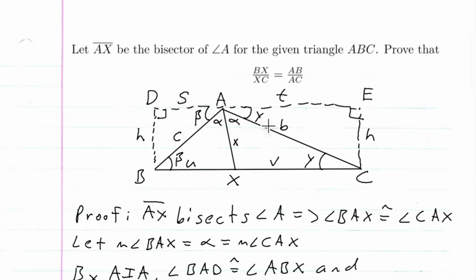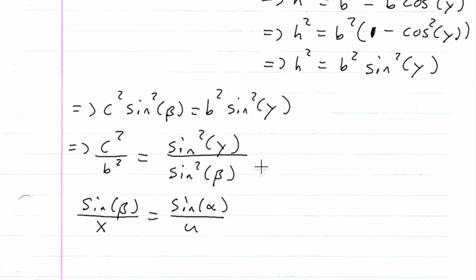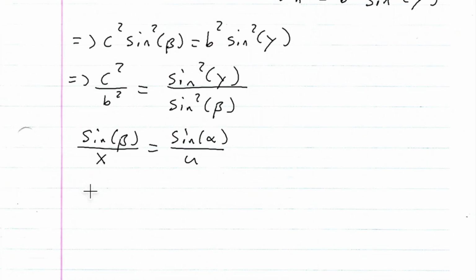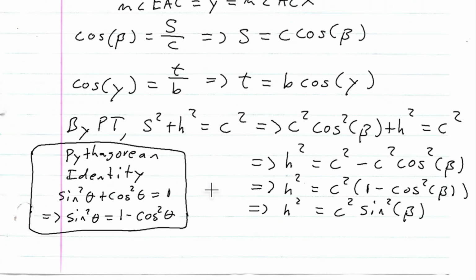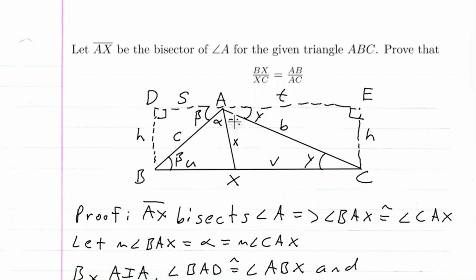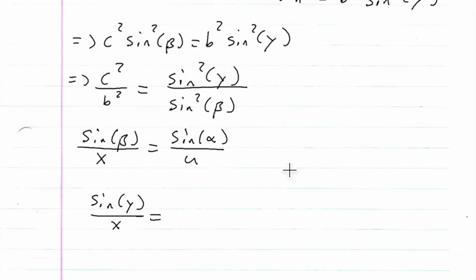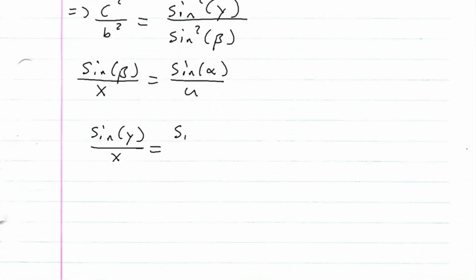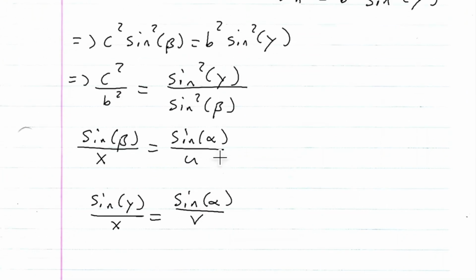Now for triangle ACX, I know that sine of y over x is equal to sine of alpha over v. Sine of alpha over v. So I want to solve for sine of beta, right?